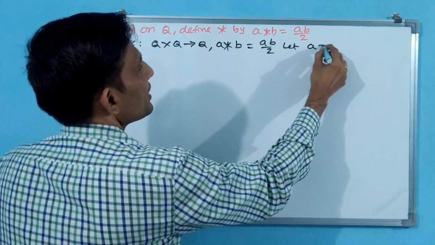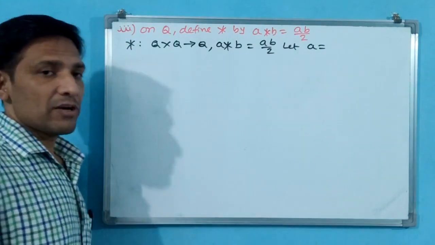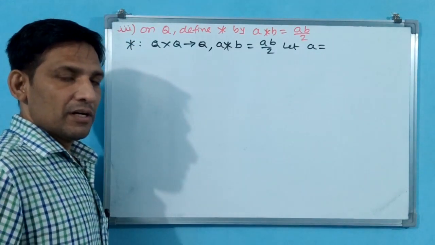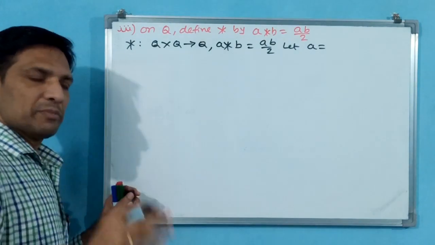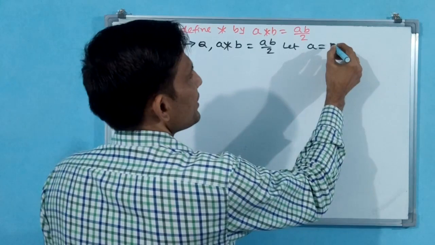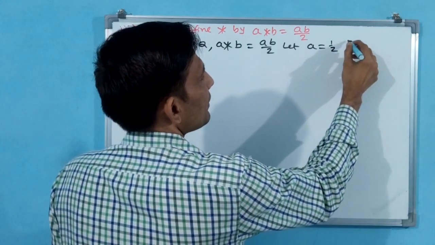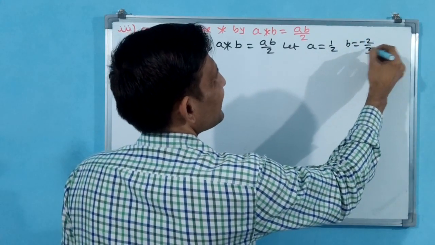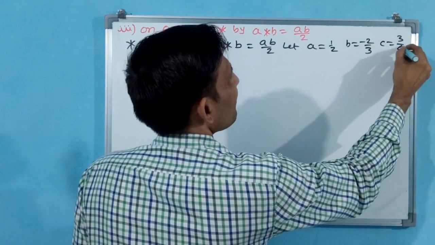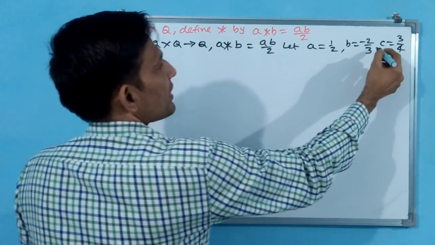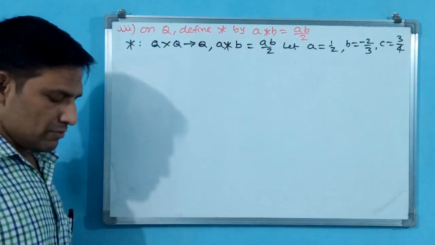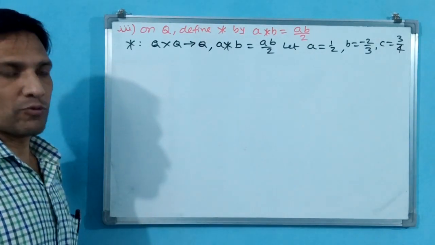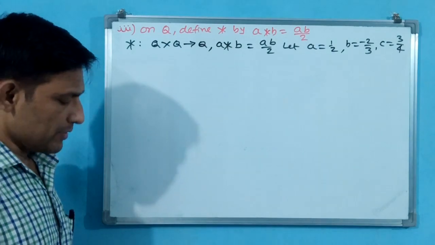Here they have given rational numbers, but they have not given positive or negative, so all rational numbers will come. Like earlier we take A is equal to 1 by 2, B is equal to minus 2 by 3, C is equal to 3 by 4. Randomly we have taken; all are rational numbers only. 2 positive, 1 negative we have taken.